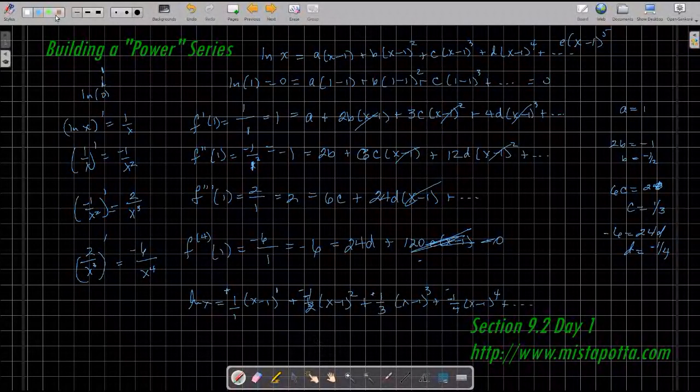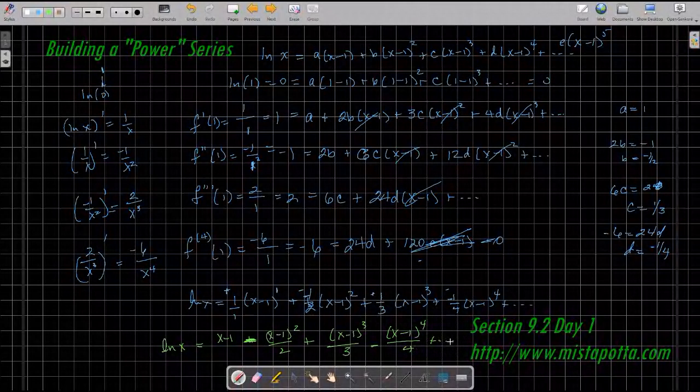And what I've really got here should look familiar to what we were talking about in our last lesson, that the natural log of x equals x minus 1 plus x minus 1 squared over 2 minus x minus 1 cubed over 3 plus x minus 1 to the fourth over 4 minus, and so forth.